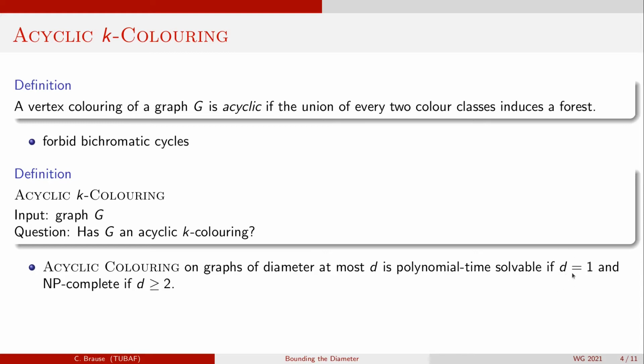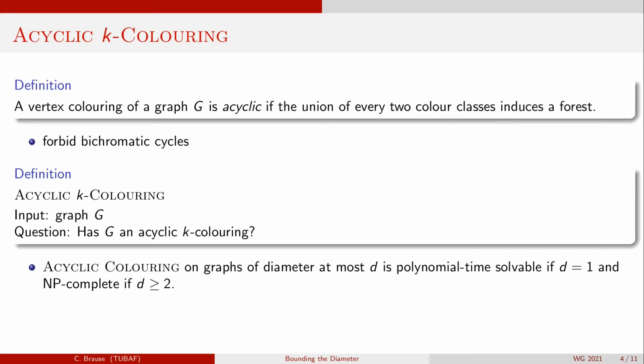And as we already mentioned, if we consider graphs of diameter 1, we find that these are complete graphs, and of course the acyclic coloring problem on complete graphs is also solvable in polynomial time.